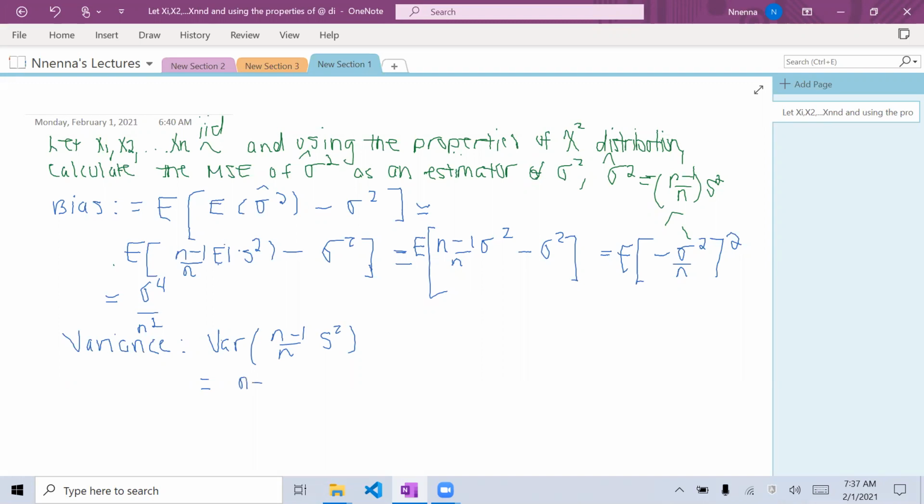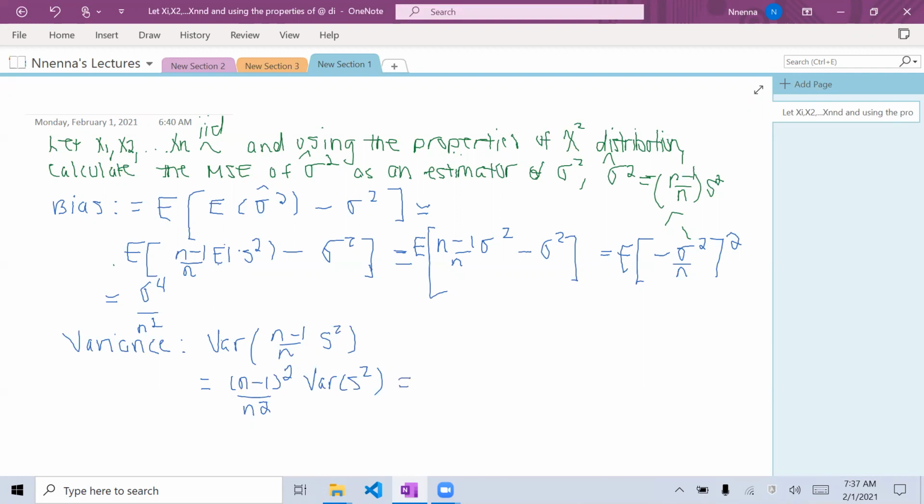So we have n minus 1 squared over n squared times the variance of S squared, which we actually just solved for in the previous question. So this question becomes a lot easier when you saw the previous one because things fall out.